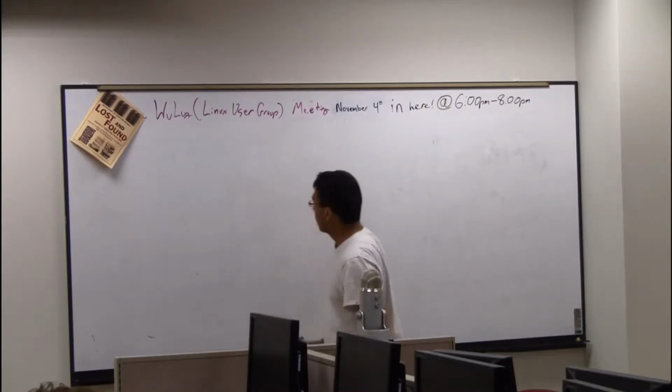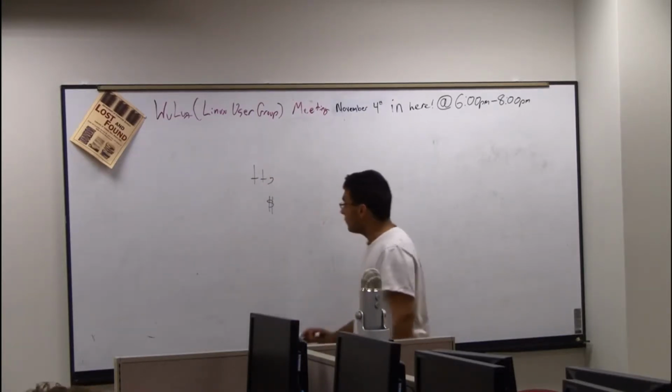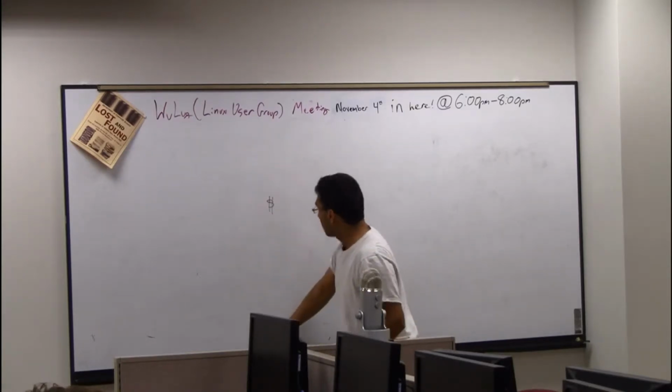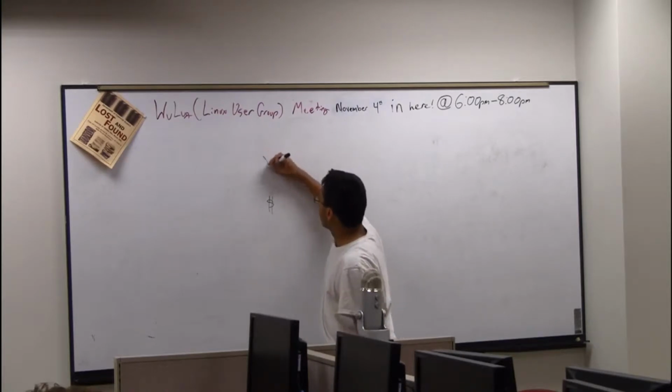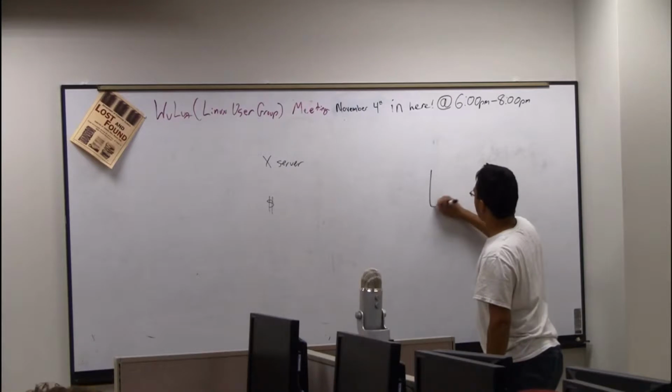So when you start up your computer, you could just go straight to a TTY, right? And you could go right into a shell. Before you go into the shell, your computer might start up the X server. And here's your X server right here.